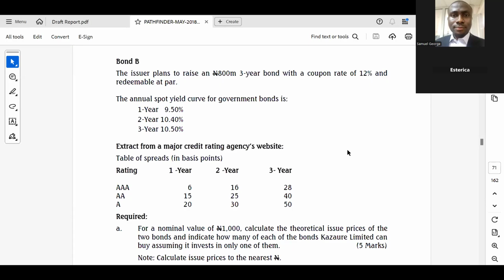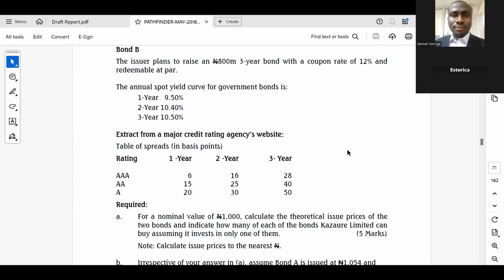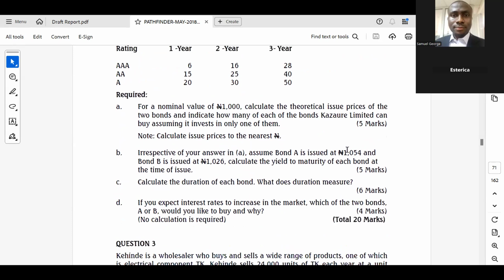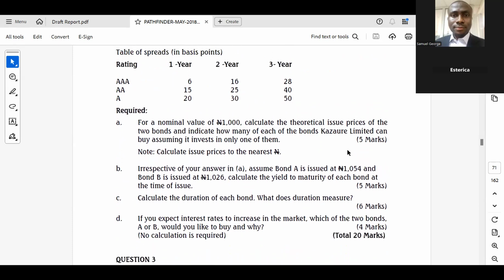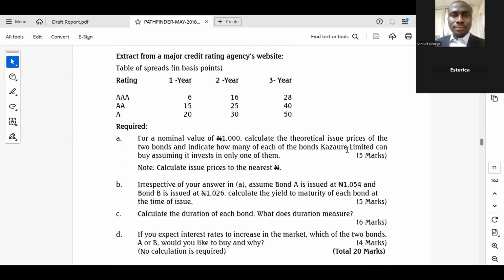Okay, now I'm sharing the question here, which is talking about requirement B. So requirement B says, irrespective of your answer in A, assume bond A is issued at 1,054.